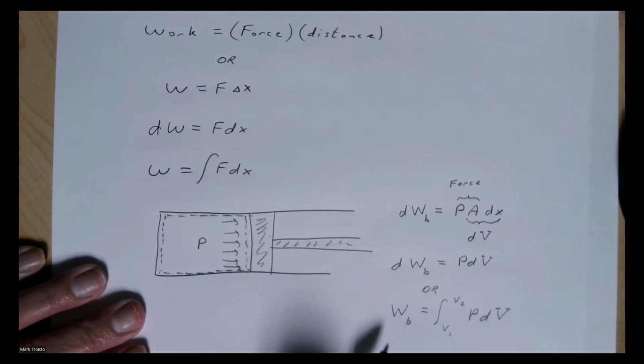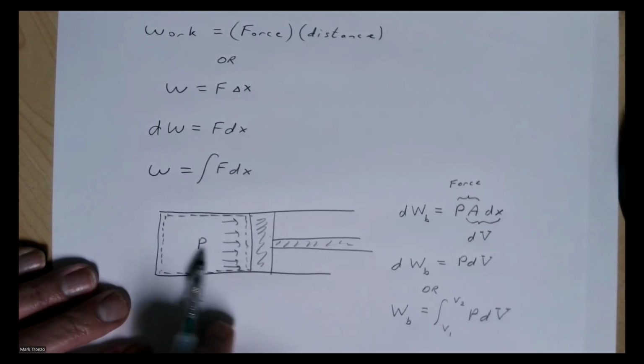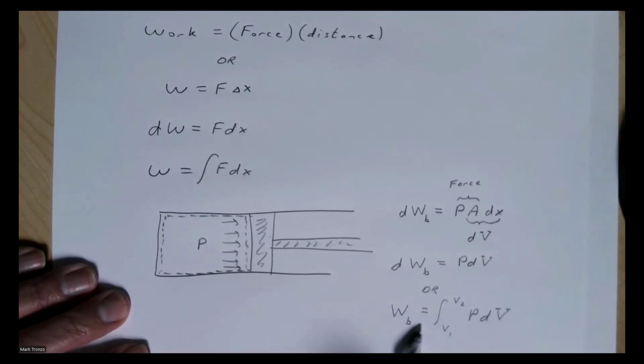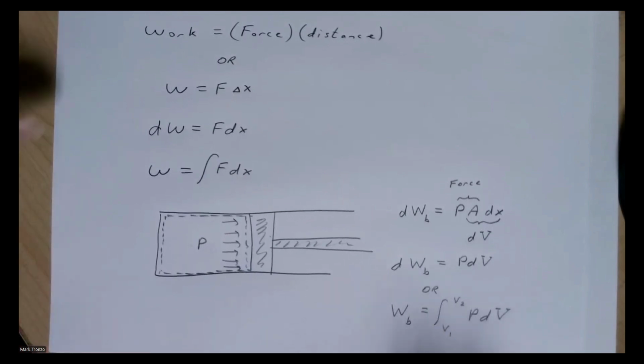So this would be the work of a piston, either the work done by a piston on the system, on the gas, or the work done by the gas on the piston. So we'll be dealing with this equation quite a bit.